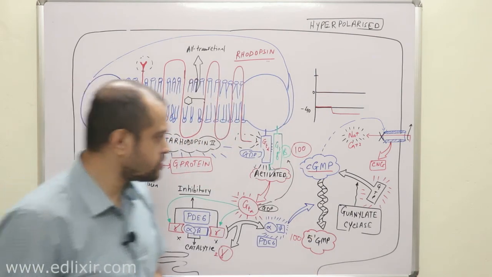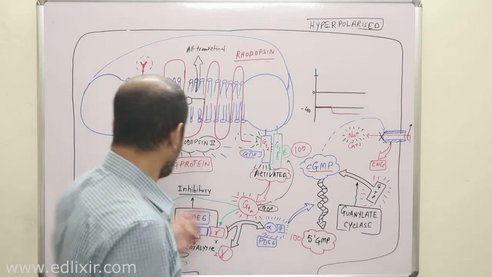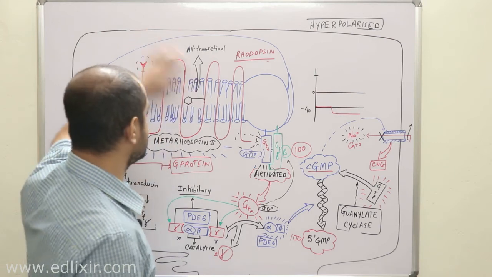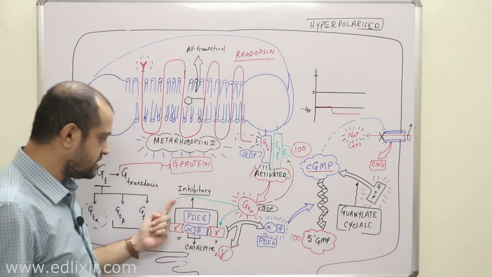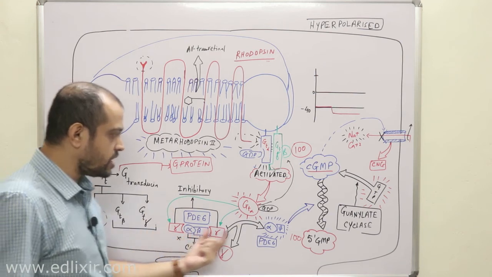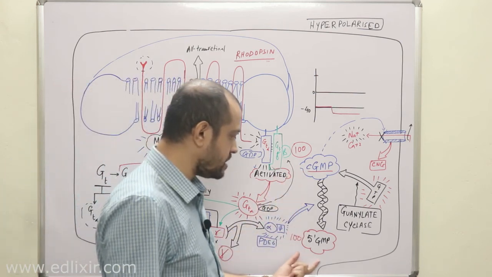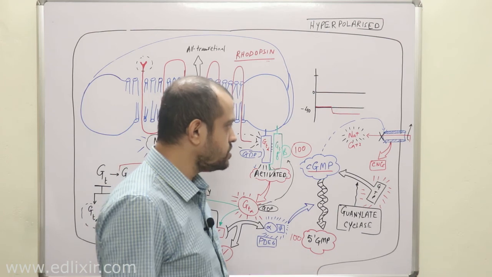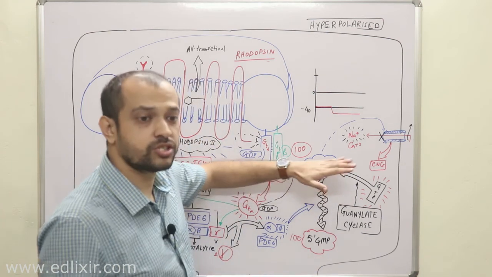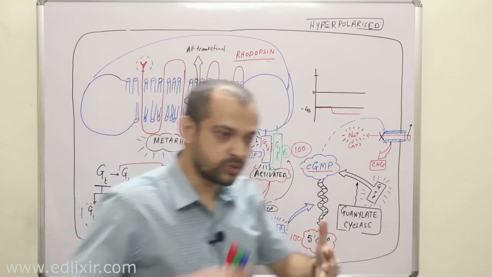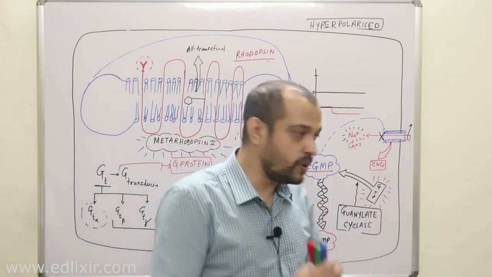Now a very important question you should understand: whenever light is present, PDE6 is activated and alpha beta subunits convert cyclic GMP into 5' GMP, right? Now your question should be how the cyclic GMP concentration is restored back to normal when there is no light.